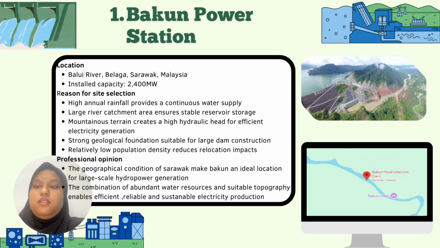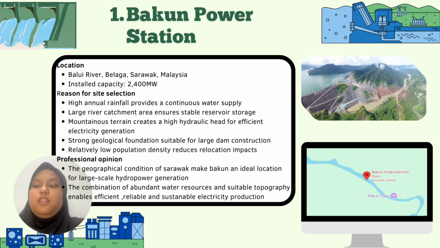Mountainous terrain creates a higher hydraulic head for efficient electricity generation. Next is a strong geological foundation suitable for large dam construction. Next is relatively low population density, reducing relocation impact.